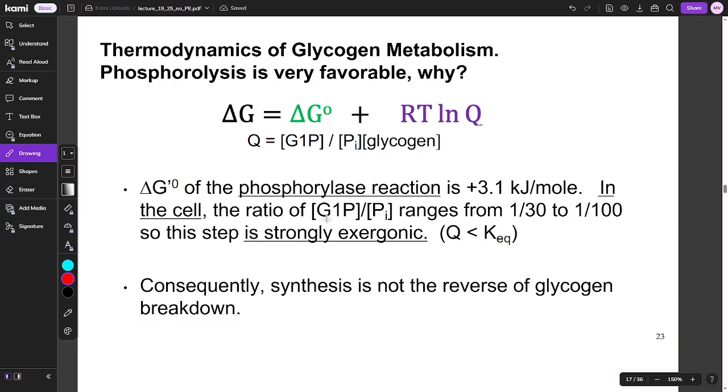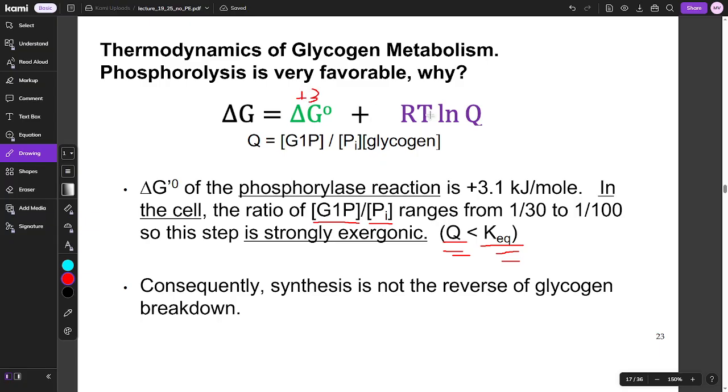However, the ratio of G1P to Pi is so heavily favored towards the inorganic phosphate that it actually causes it to be very exergonic. So this Q value is so much less than Keq that, if you do this delta G here, this is going to be like some value. I don't know. Let's just say that it's +3, right?